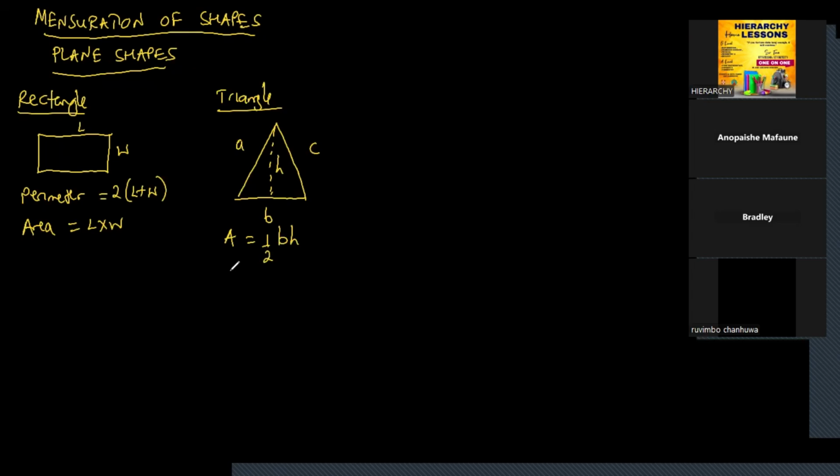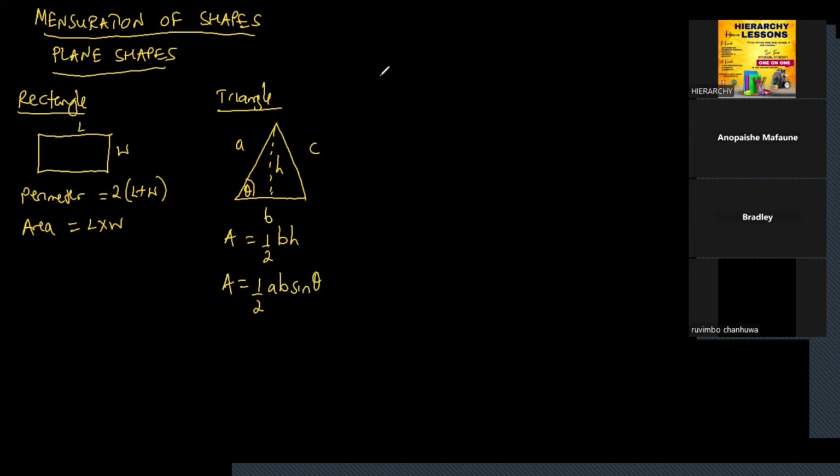So if you're not given the height and you're given, let's say, this angle theta, it becomes half AB sine theta. So it's half times A times B times sine theta. The angle that is between these two sides, side A and side B, is what gives us the area.